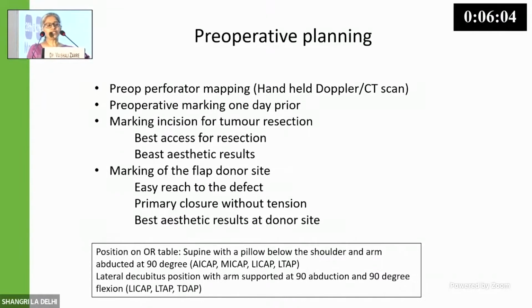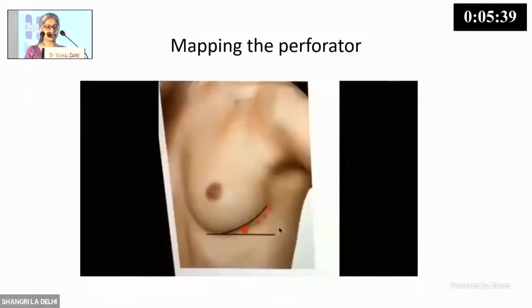Most of these patients can be operated upon by placing the patient on the OR table in a supine position, except for some cases wherein a long TDAP flap is required, where after the resection of the tumor, the patients may have to be turned into a lateral decubitus position. Otherwise, a supine position with a pillow under the shoulder and abducted arm is good enough for harvesting these flaps.